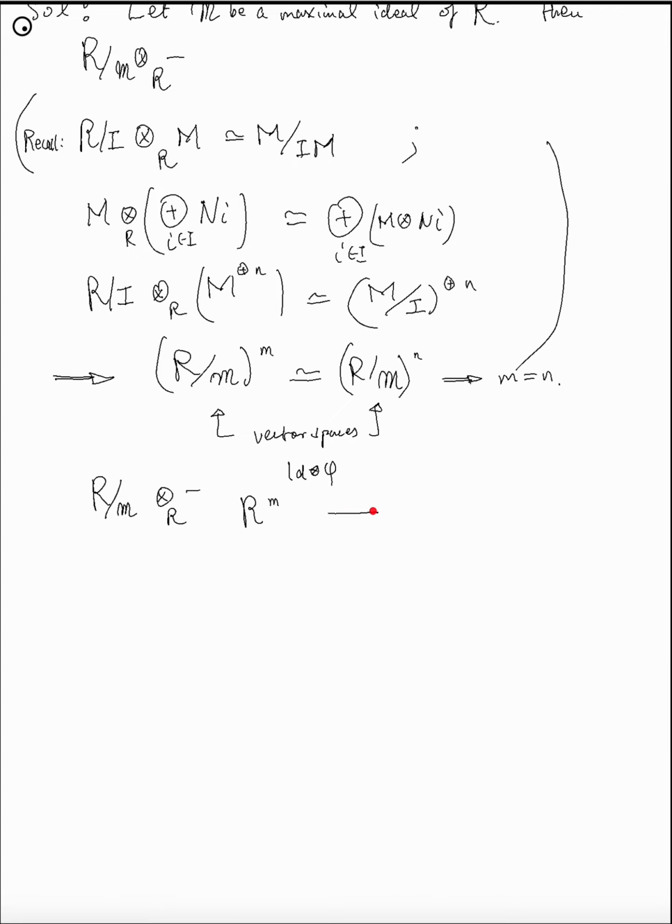If you have this, call this phi, then the identity tensor phi will still be surjective this time. Right. So again, by the dimension argument, m is bigger or equal than n.